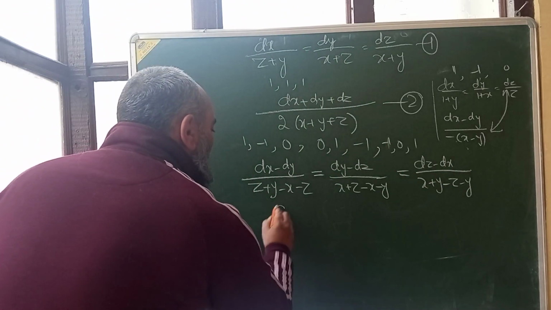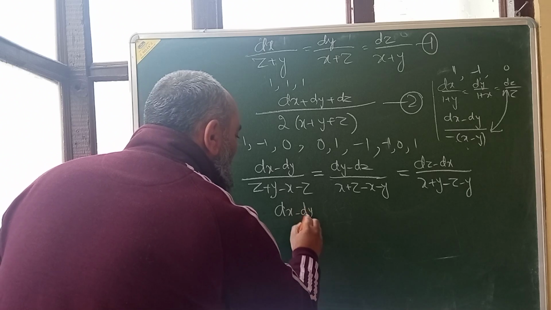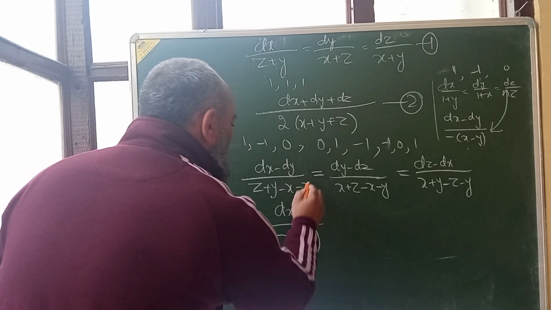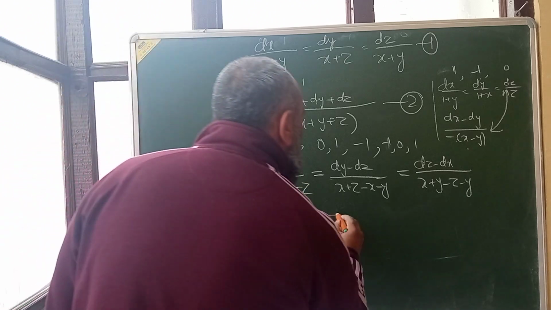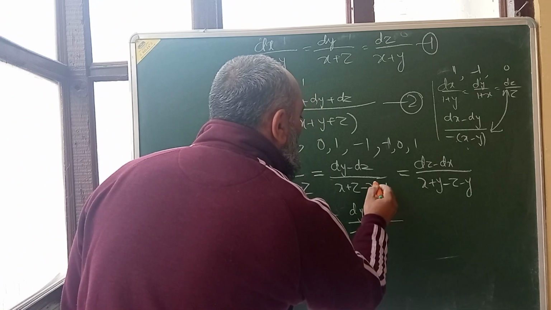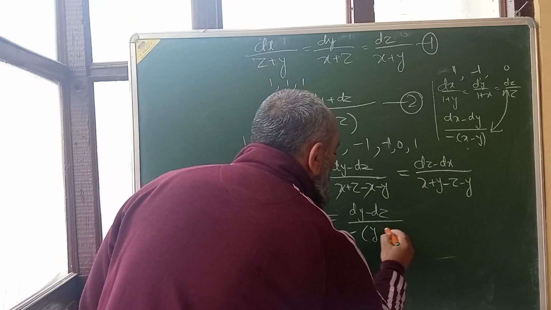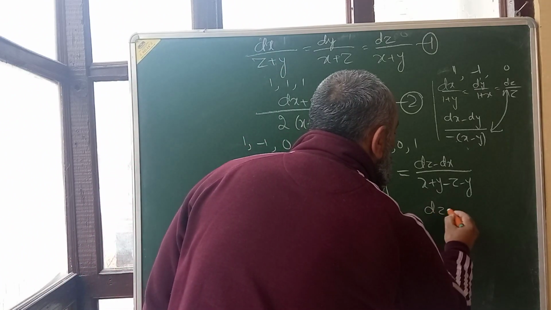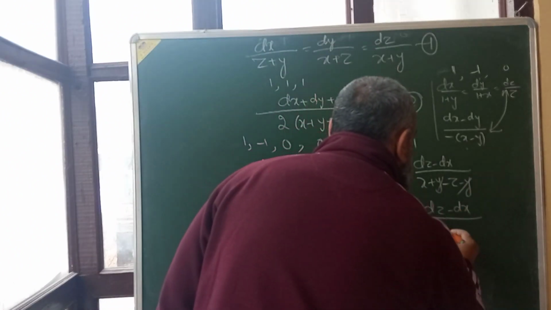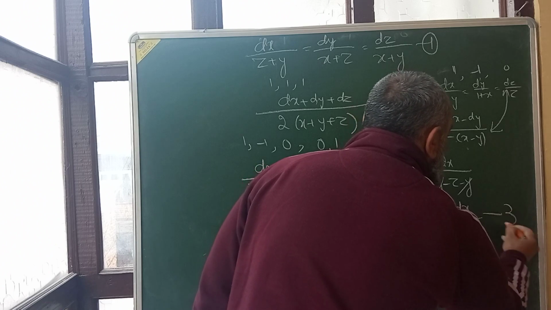So this is dx minus dy over x minus y, dy minus dz over y minus z, dz minus dx over z minus x. This is, say, 3.